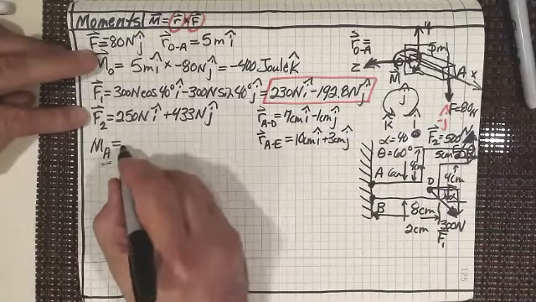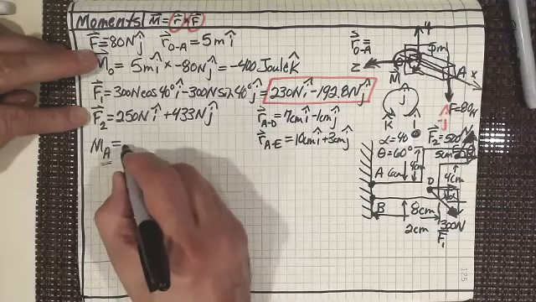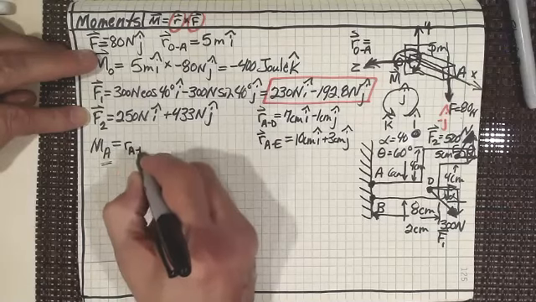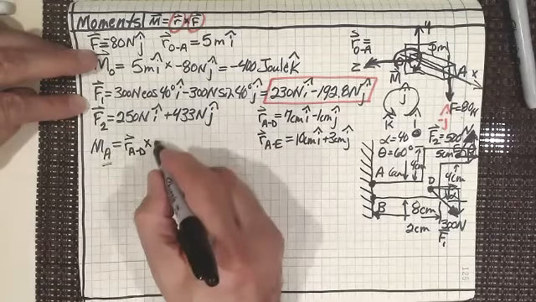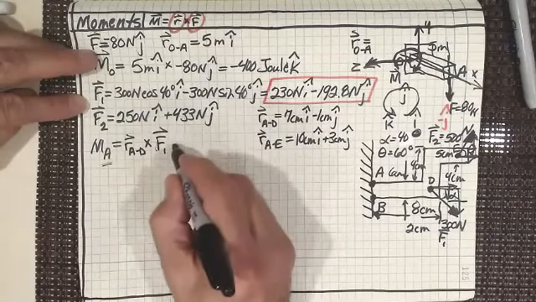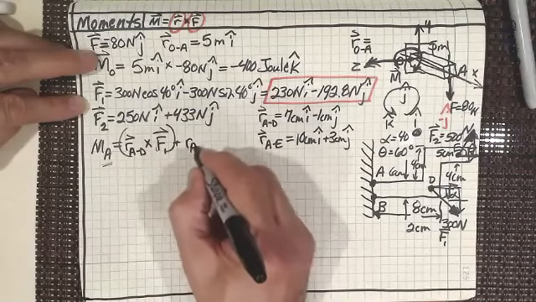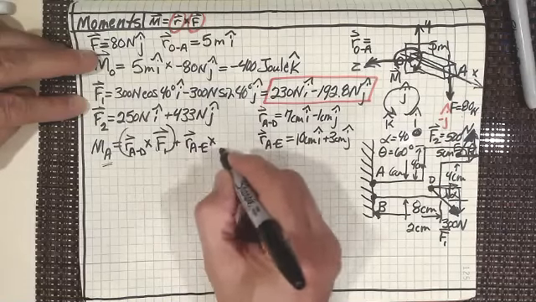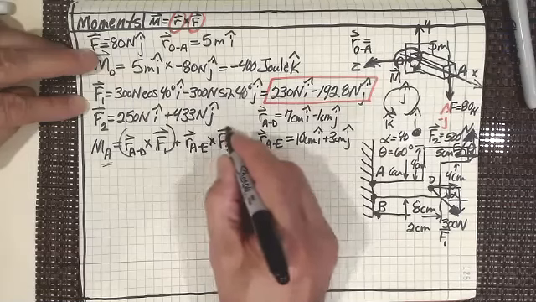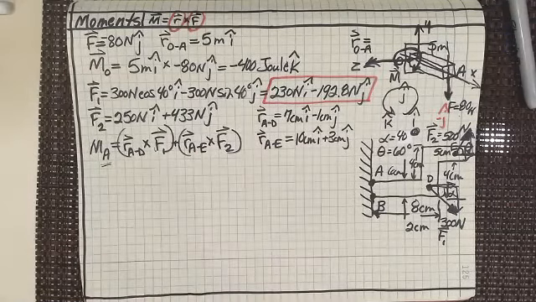So I have R sub AD crossed with F1, plus, let's put some parentheses around there, R sub AE crossed with F2. Does everyone see what I've done there?